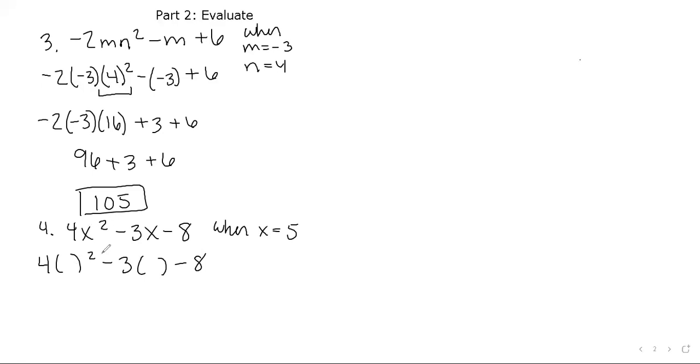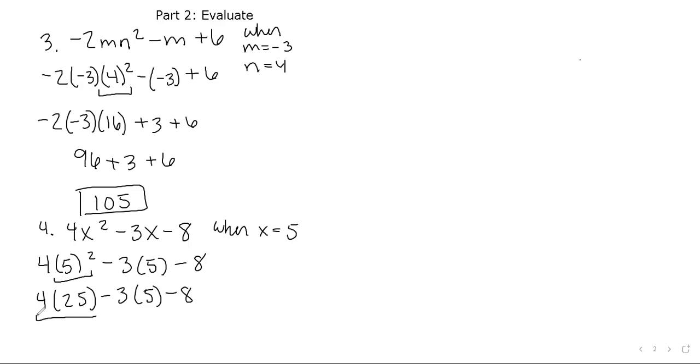Going to match it up, make sure everything is typed correctly, and then we're going to go back and plug in that number, all right? Again, with this one, we need to start with the exponent. 5 squared is going to be 25. So I'm bringing down 4 times 25 minus 3 times 5 minus 8.